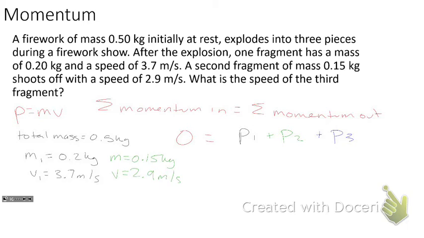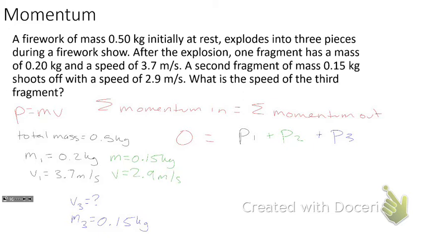We're asked, what is the speed of the third fragment? We can calculate the mass of the third fragment by subtracting the first and second fragments from the total mass: 0.5 minus 0.2 is 0.3, minus 0.15 is 0.15 kilograms.